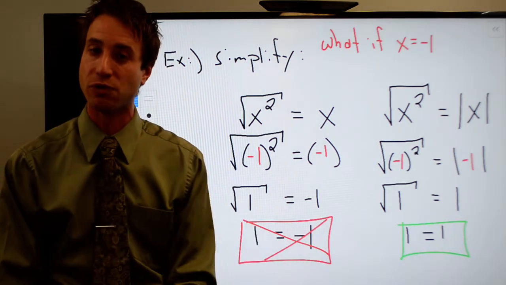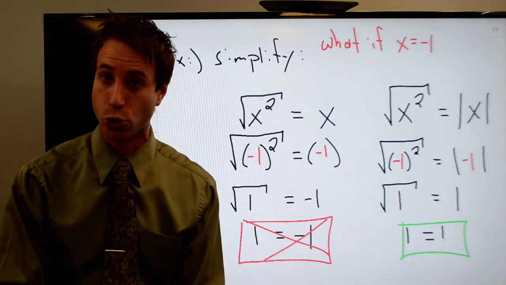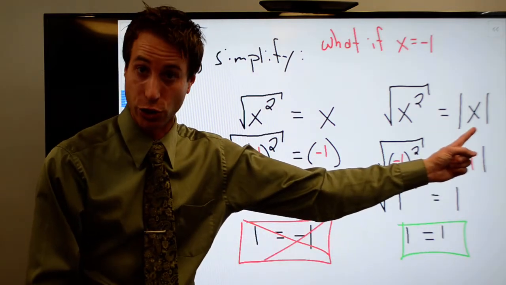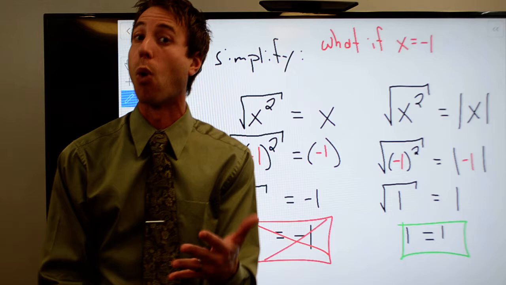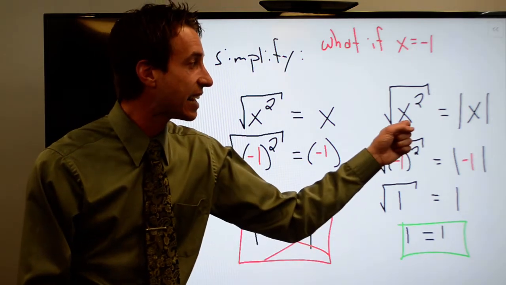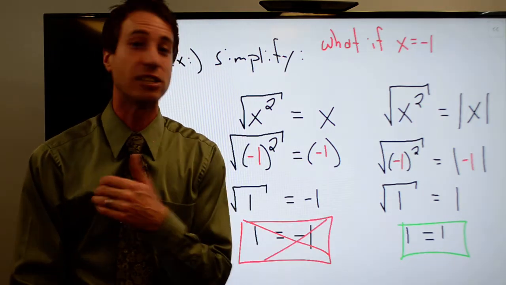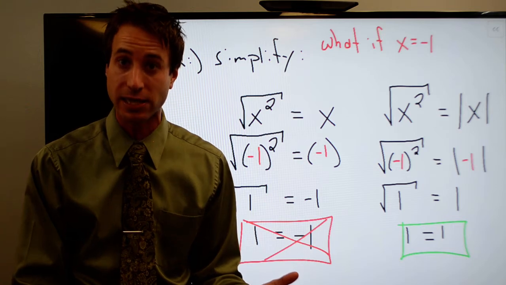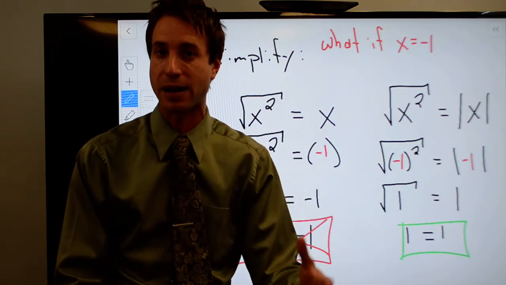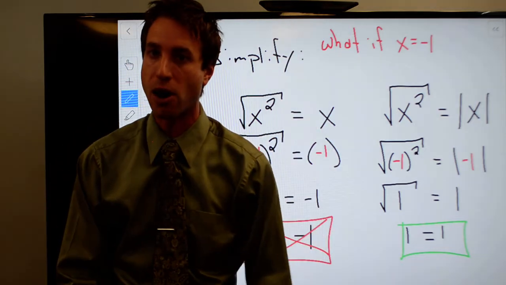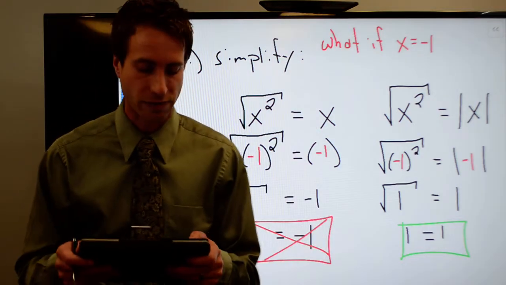You use the absolute value signs to ensure that the answer, your result, will always be positive. Why? Well, because anything to an even power is always going to be positive. So you need to make sure that your simplified result will always be positive. And we do that by using absolute value signs.